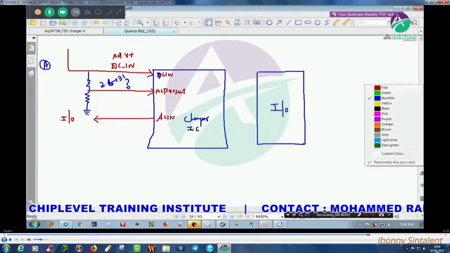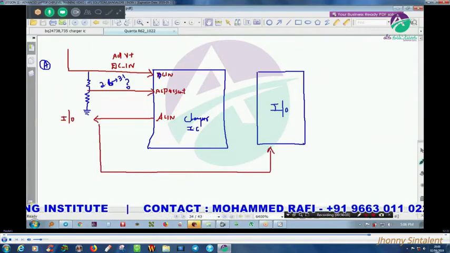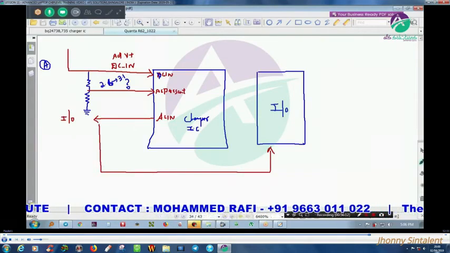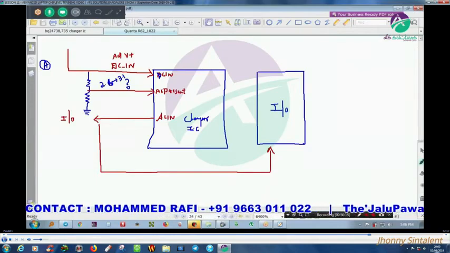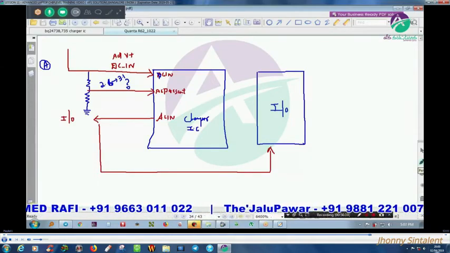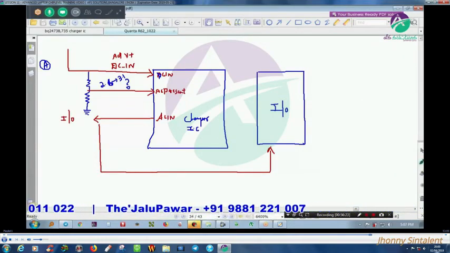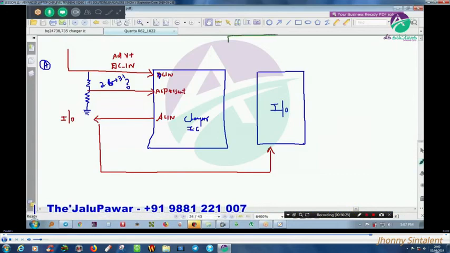Here you can see ACOK has been released, and this ACOK will go to the IO controller. Now the IO controller will wait for two things. One, battery present.